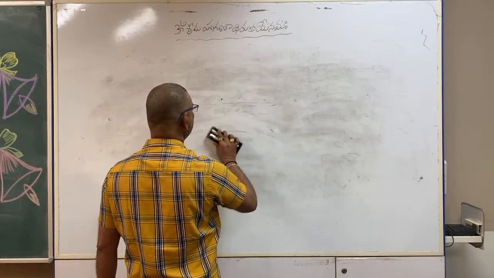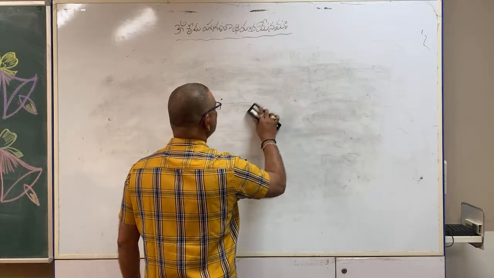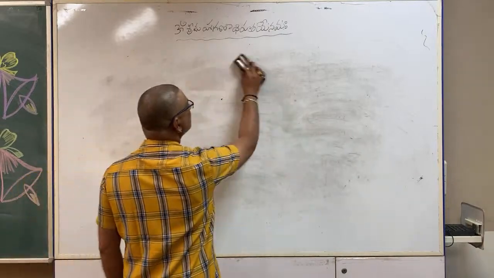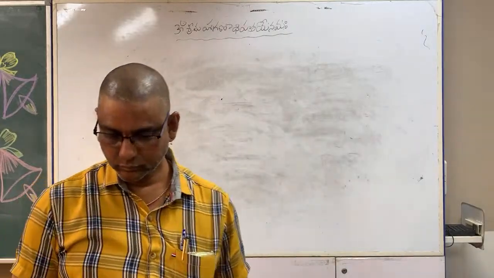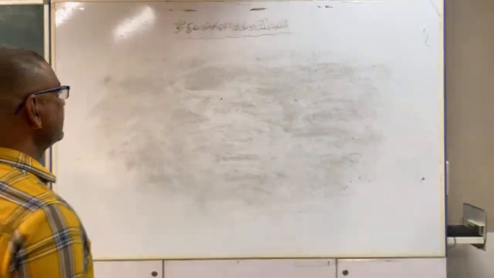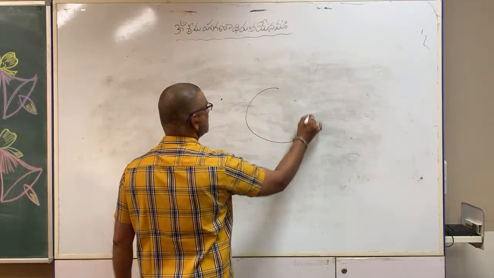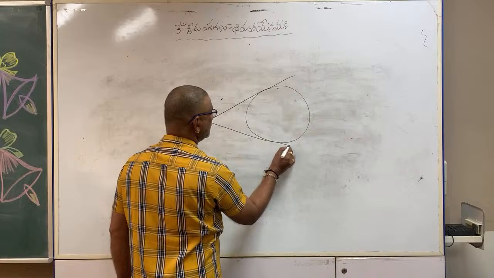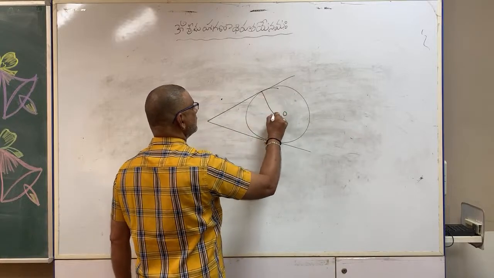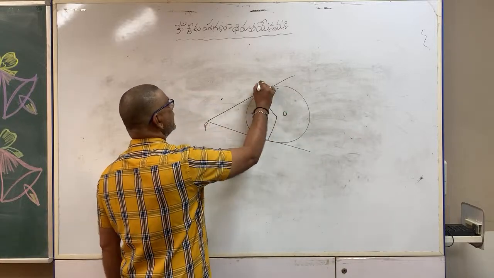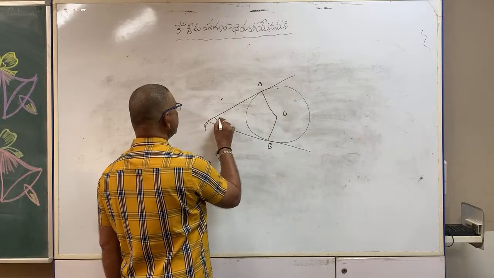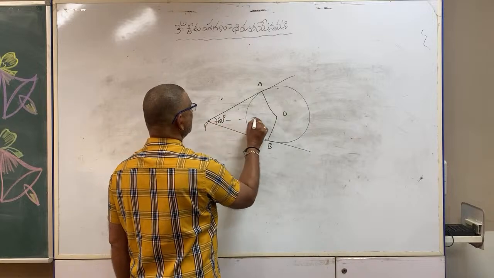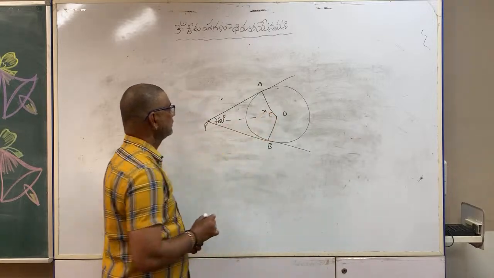PA and PB are tangents drawn from an external point of a circle with center O. This angle APB is given as 80 degrees and he is asking this angle.